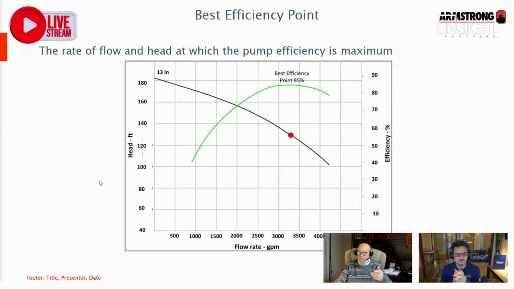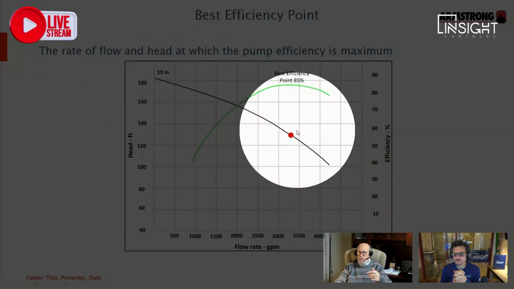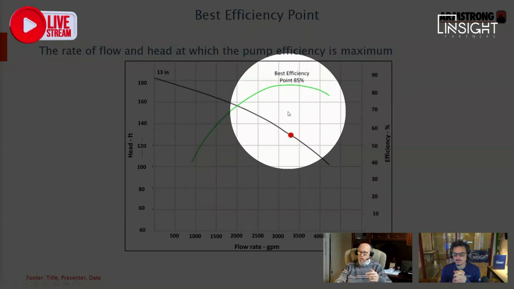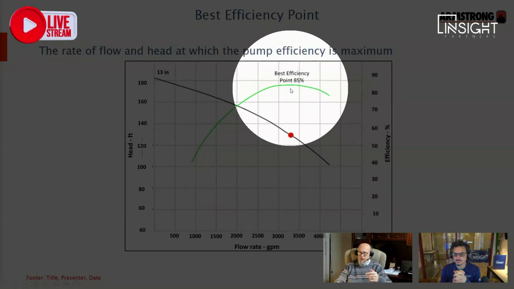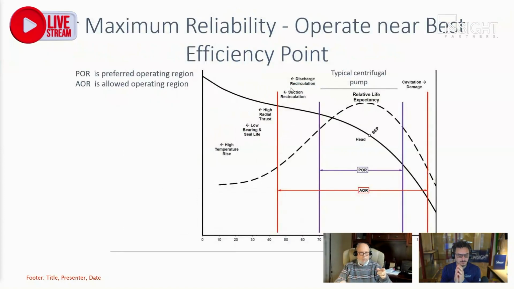Here's my pump curve, my operating point, and my efficiency curve, and I'm running at 85% of best efficiency. That's an ideal spot to be, because you're going to maximize the life expectancy of the pump and minimize pumping system problems as long as you're in that 85 to 125% range.